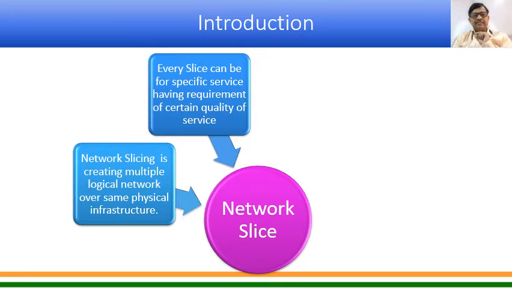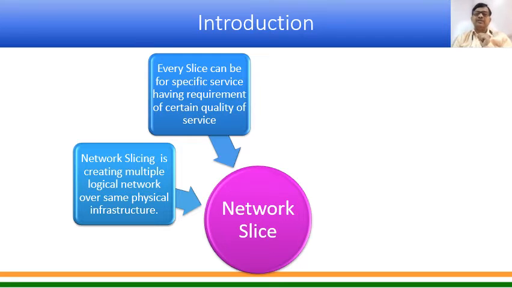Every such logical network or every such slice is for a specific requirement or specific service. For example, if I'm offering an IoT kind of service, I can have a network slice which will be for that particular IoT service.